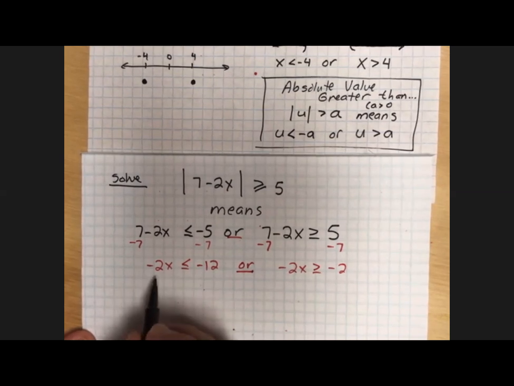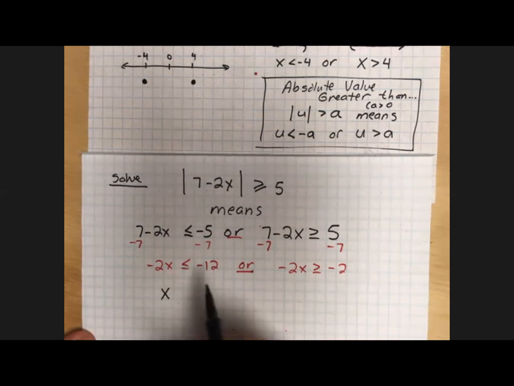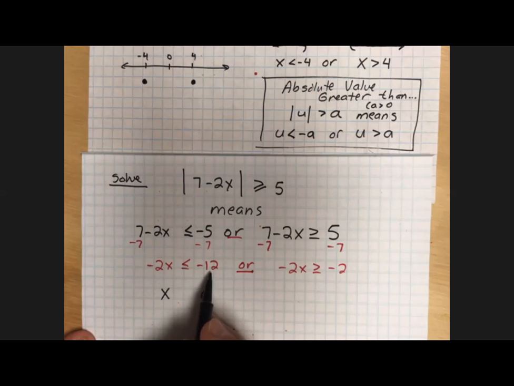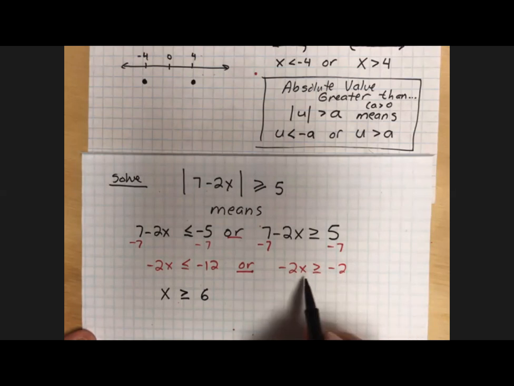Now, I will divide both sides by -2. That will become x. That will become what? Positive 6 when I divide by -2 on both sides. But this sign will what? Reverse. Over here, I didn't write it in the last thing, but let me write it now.